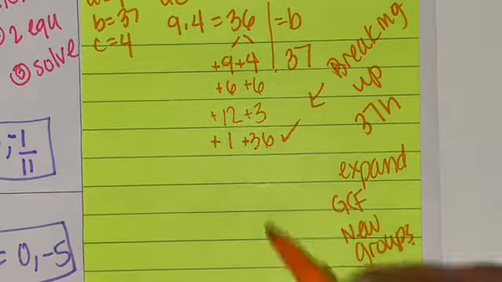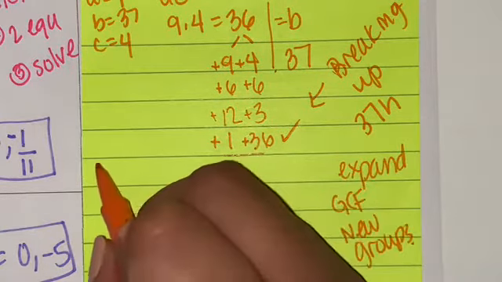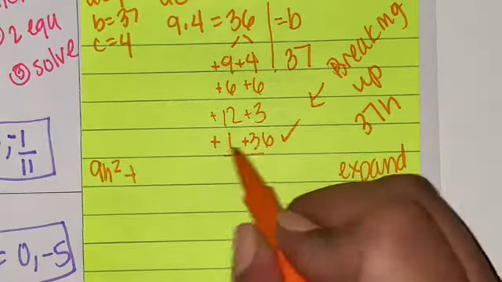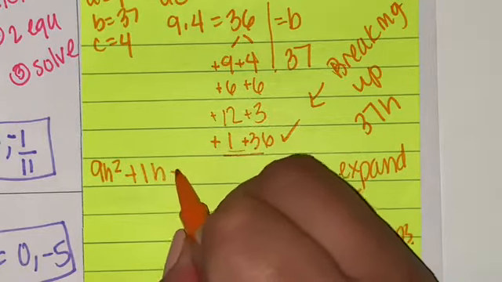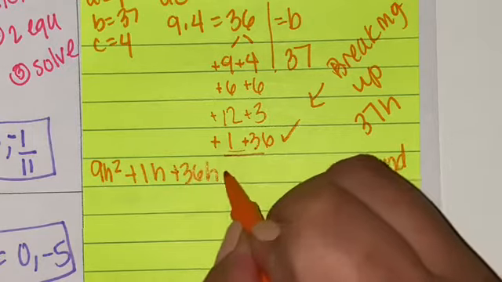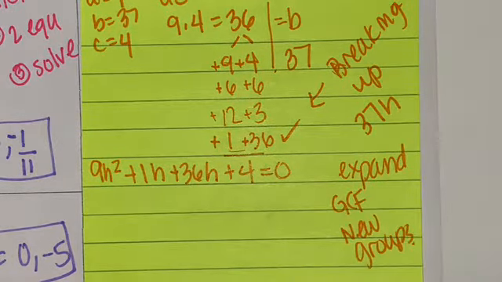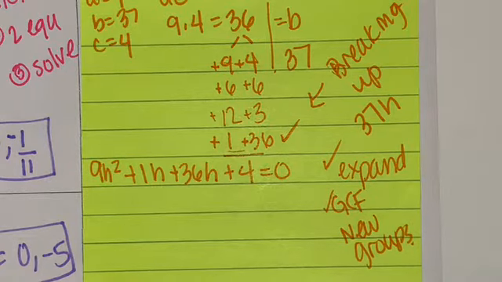Let's rewrite the equation with the new center. We're going to have 9h squared plus, it doesn't matter the order, 1h plus 36h plus 4 equals 0. So you're going to expand, and then you need to find the GCF. So before you find the GCF, you're going to need to make new groups.